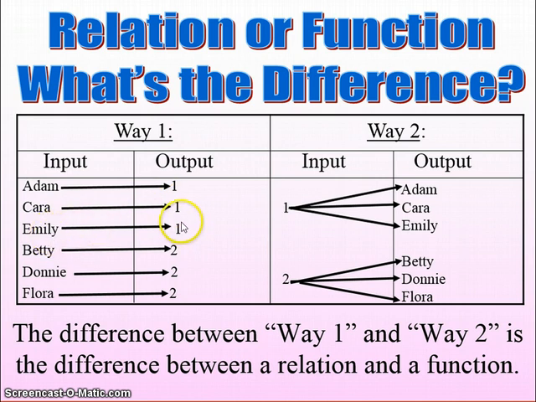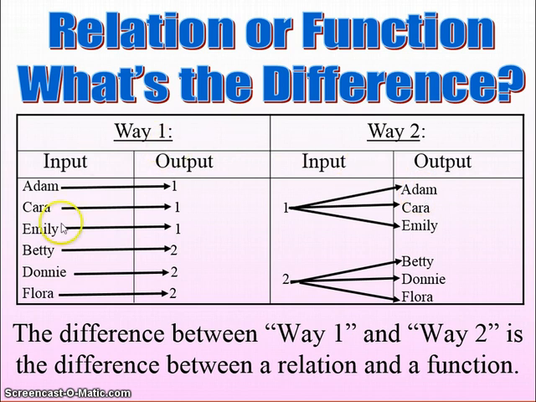You could tell me. Now, way 2 became more difficult because when I gave you a number as an input, as the first thing that I said, your answer, which was the output, could have been any of 3 names, making the game much more difficult.